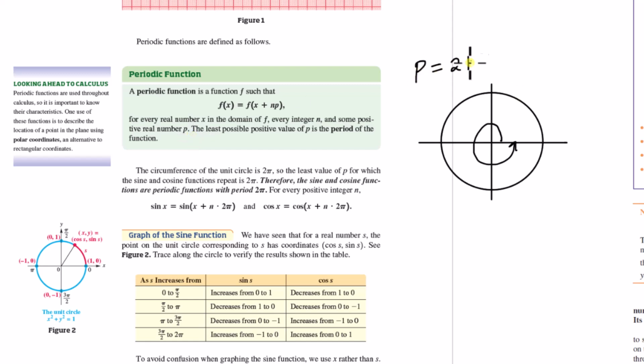But then if you come to the definition here of how periodicity corresponds to functions, you could take f of x and plug in any integer multiple, positive or negative, of 2 pi, and you'll get the original function back.